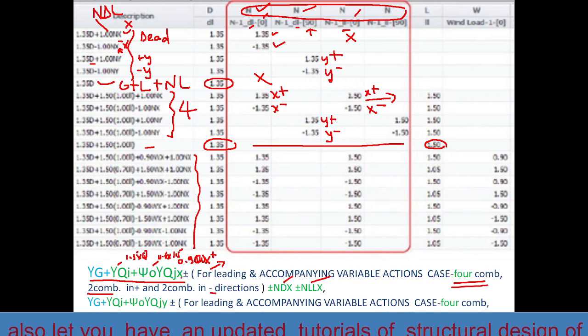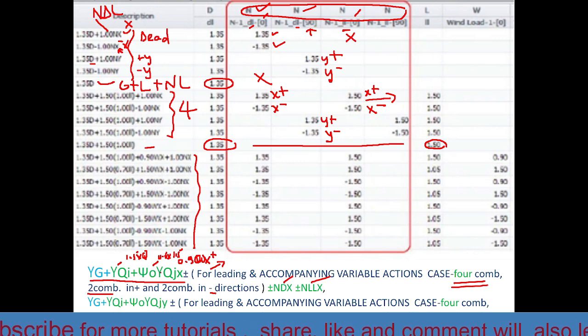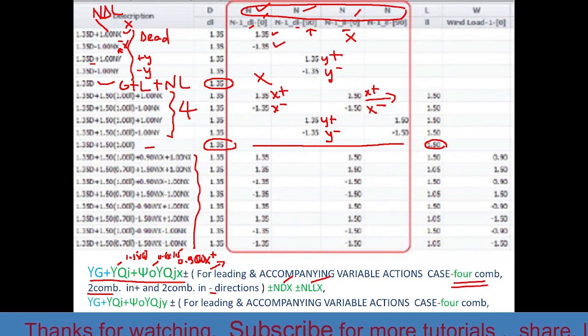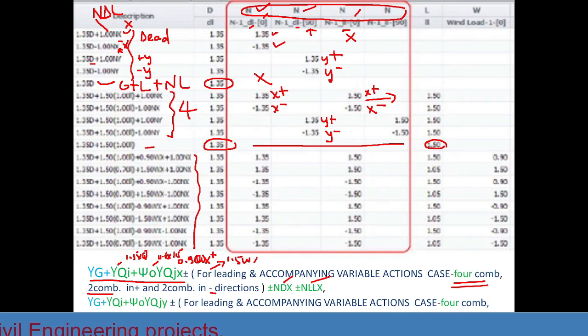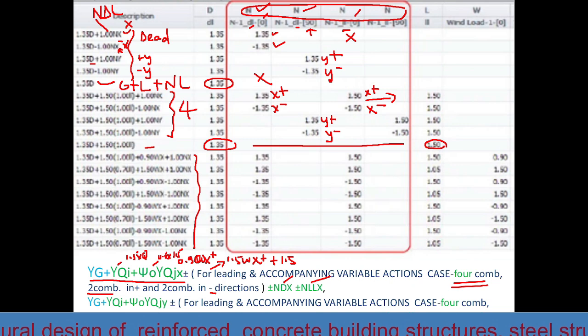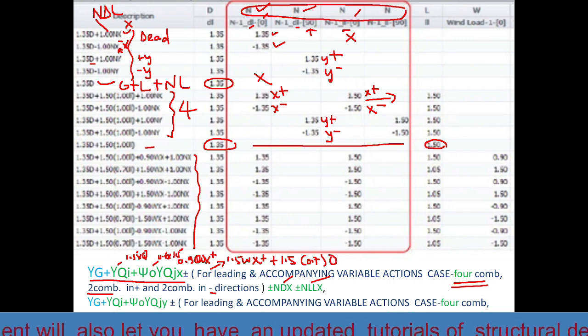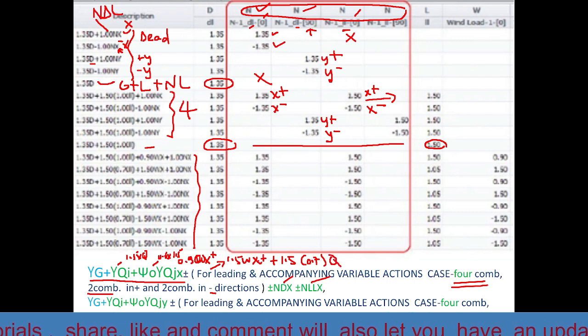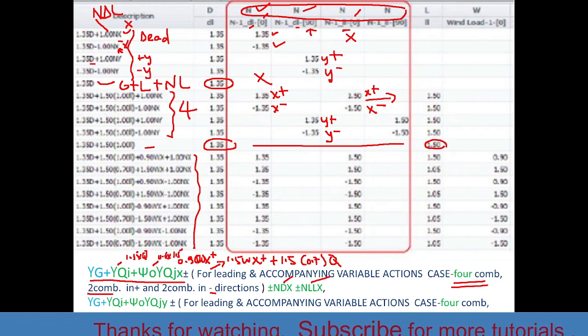But here we'll also have the wind load as the leading one. So in that case, this 1.5 comes to this: 1.5 wind in x positive direction plus the floor live load, that is 1.5 multiplied with 0.7 times Q. Here this is in positive direction and this one is also in positive direction.